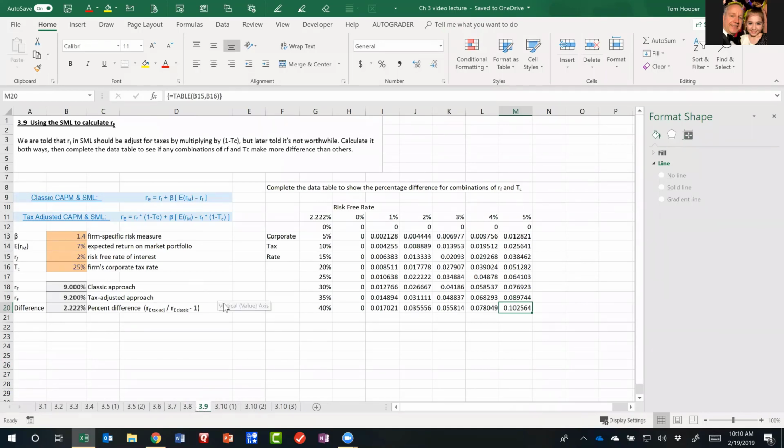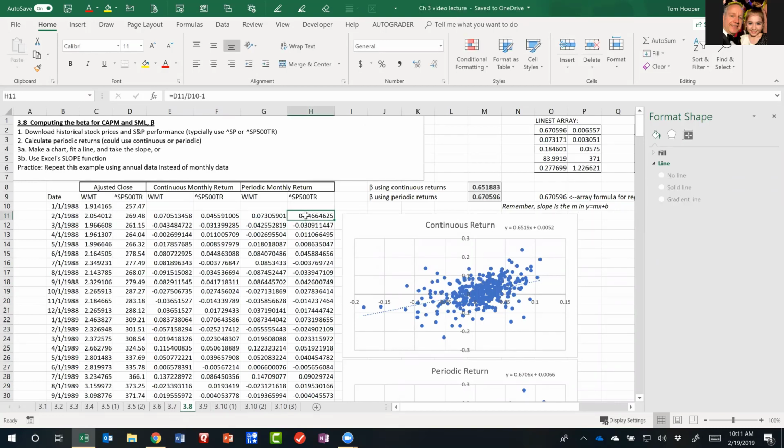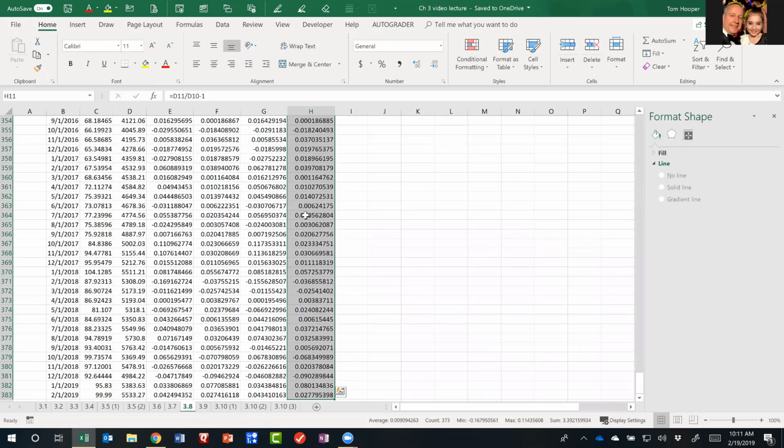So then once we have that beta, all we really have to do is plug it into this equation. There were some questions about where to find the return on the market. We found the return on the market back here when we looked at the S&P 500. We could take our time interval of interest and calculate that return.